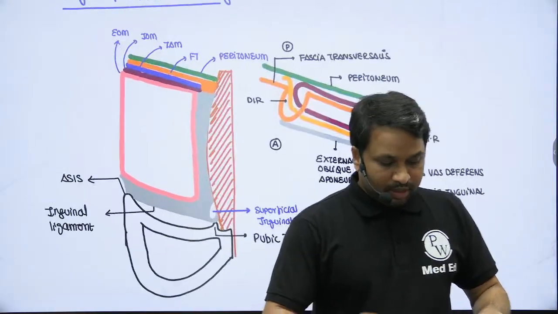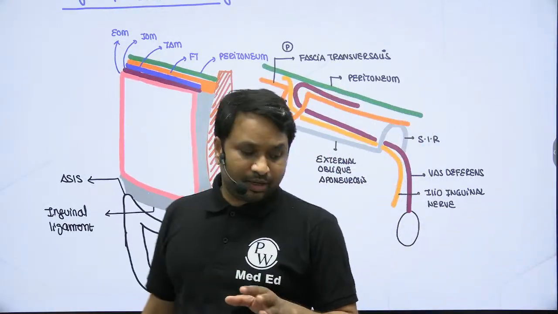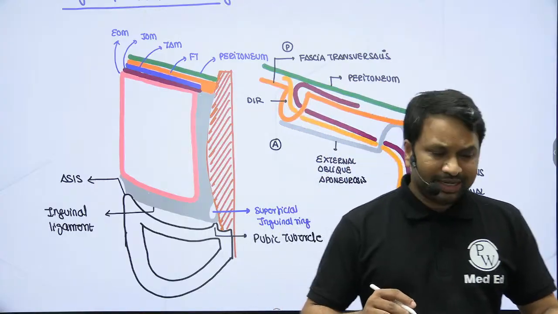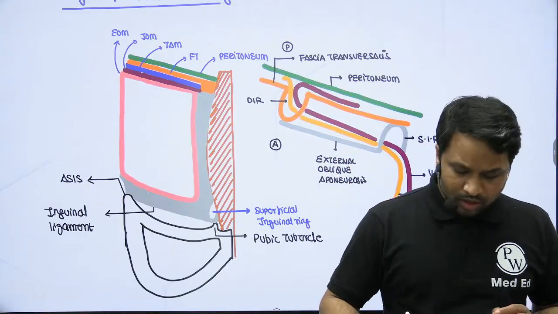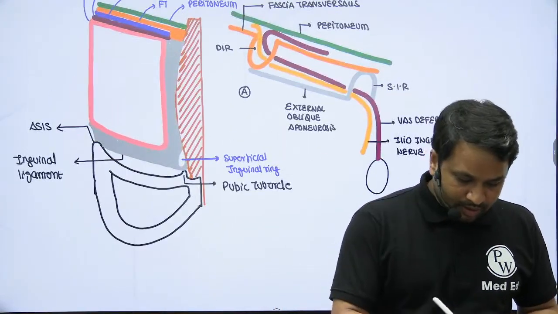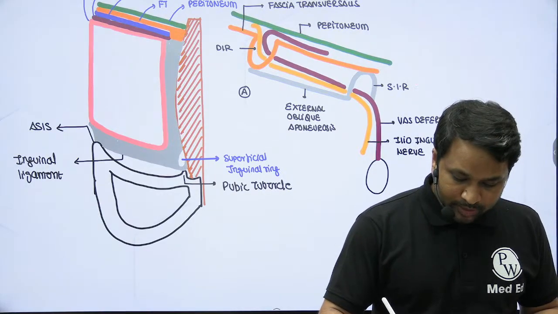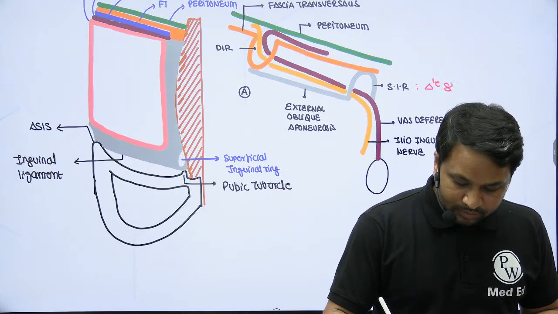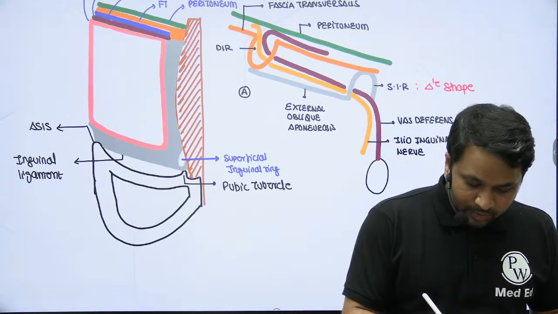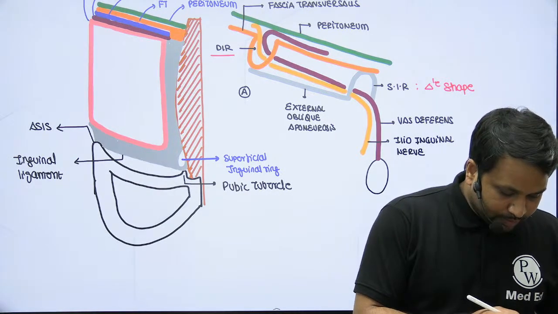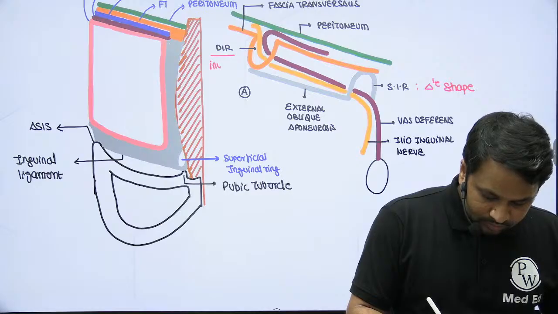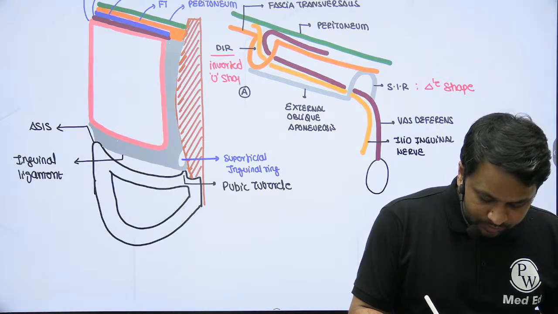Once you have described the inguinal canal, a couple of important points that you can write down: the superficial inguinal ring is going to be triangular in shape, whereas the deep inguinal ring is inverted U-shaped.